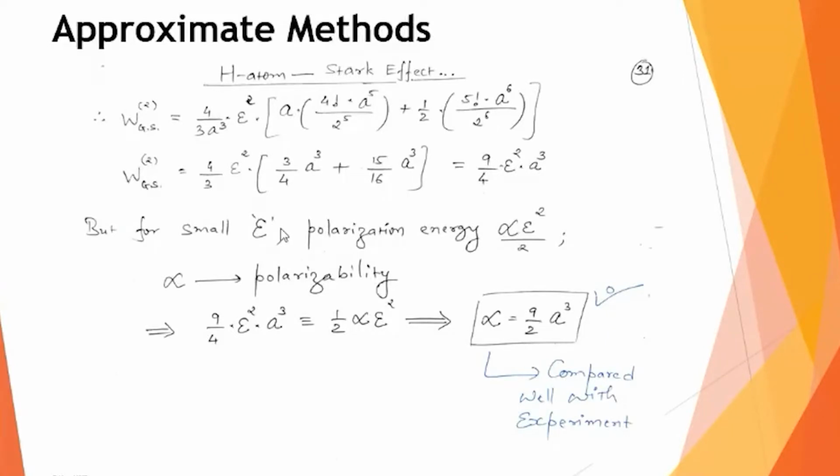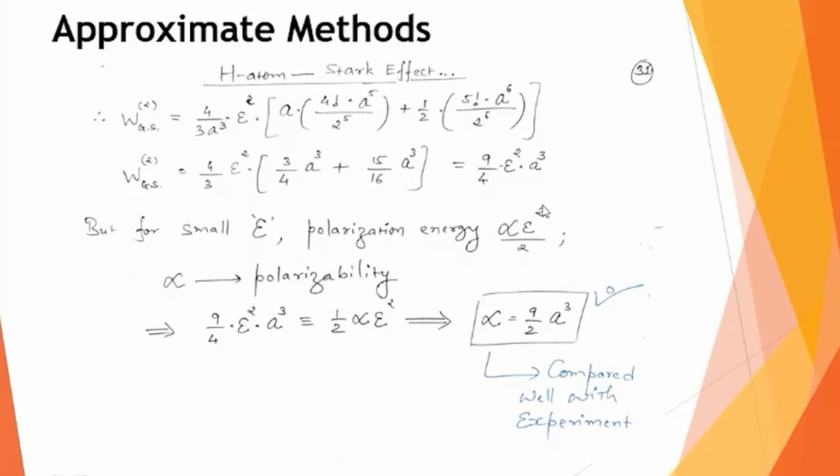You can say that the material gets polarized. So here also, when the hydrogen atom is placed in a uniform electric field, then polarization takes place, and this polarization energy is always written as half alpha E square, where alpha by name is known as the polarizability. It is the polarization per unit volume.